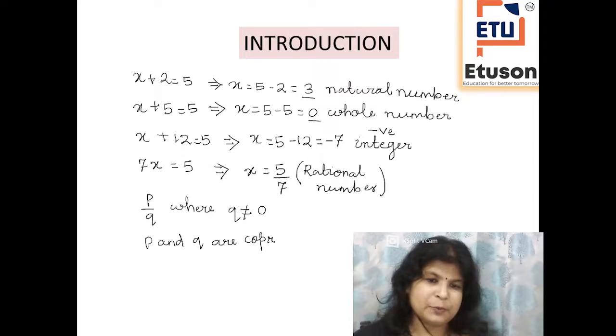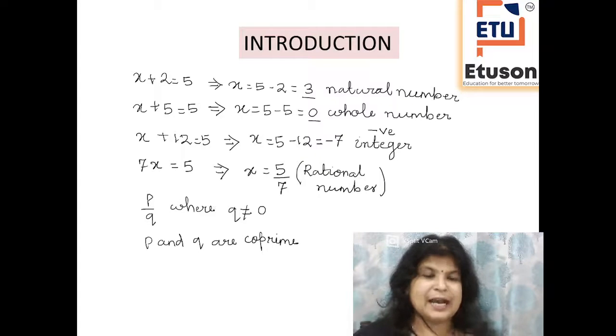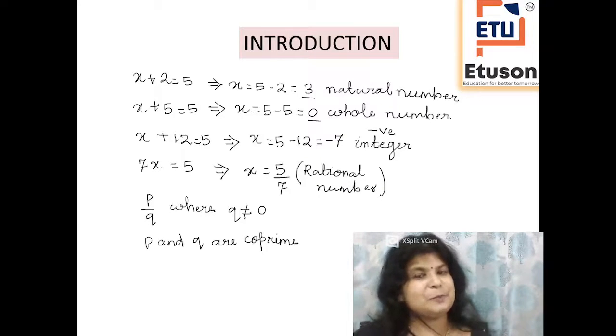Co-prime means p and q don't have any common factor other than 1. Now observe this p by q form. All the natural numbers, whole numbers, and integers can be expressed in terms of p by q.